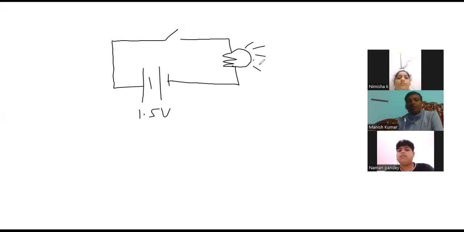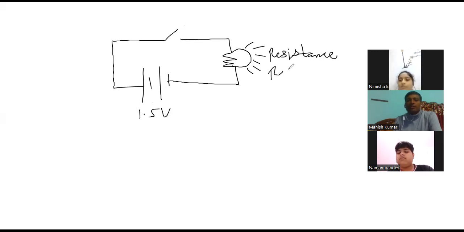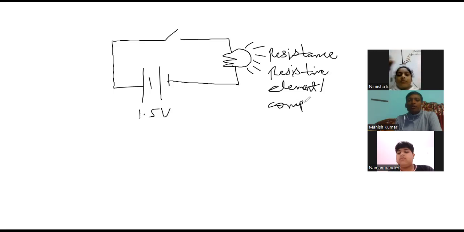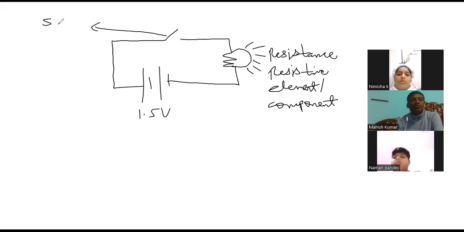Suppose we want to glow a bulb here. So this is also called resistance or resistive element or component. What is this? This is a switch.